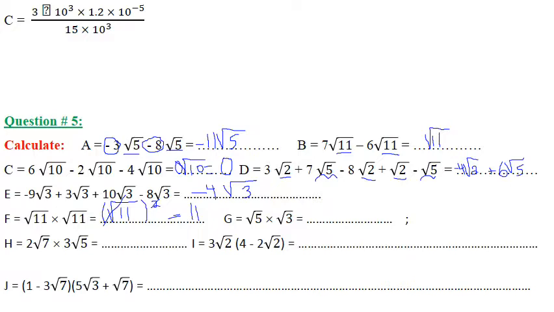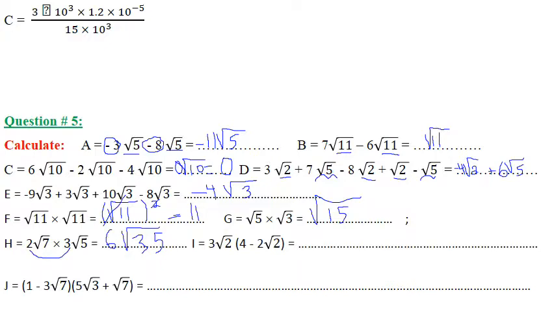Radical 5 times radical 3, here we have different radicals, so we keep the radical, and 5 times 3 we multiply, it's 15. Now 2 radical 7 times 3 radical 5, we multiply the coefficients, 2 times 3 is 6, radical 7 times radical 5 is radical 35.